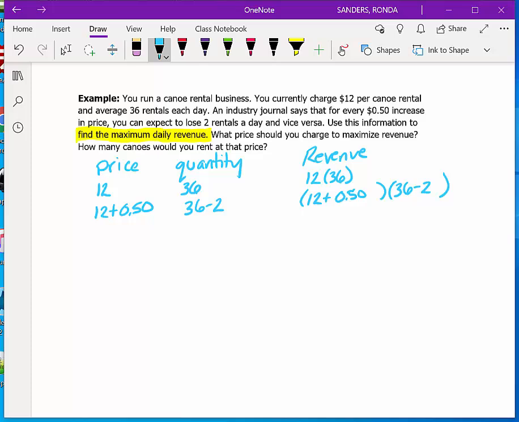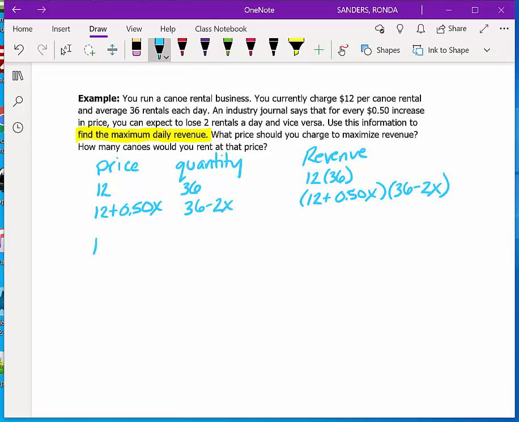So if I were to increase the price instead by 50 cents x times, my new price would be 12 plus 50 cents times x, and my new quantity would be 36 minus 2 times x. To find the revenue, I would multiply price times quantity and get 12 plus 50 cents times x times 36 minus 2x.